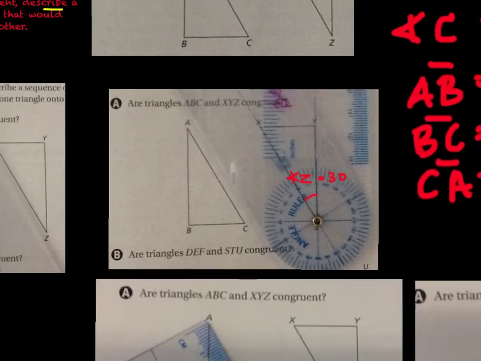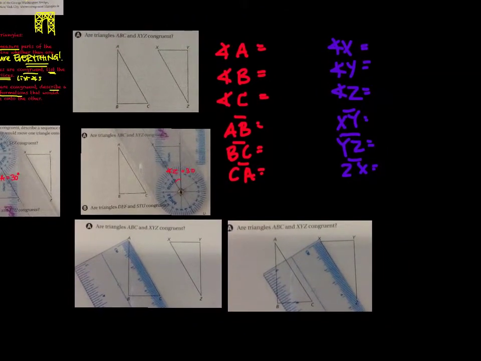Whenever you're doing these problems, I want you to make yourself this sort of table: a table of values for one of the triangles and a table of values for the other triangle. I have all of my angles listed for both of the triangles and then all of the line segments, so I can compare the two.